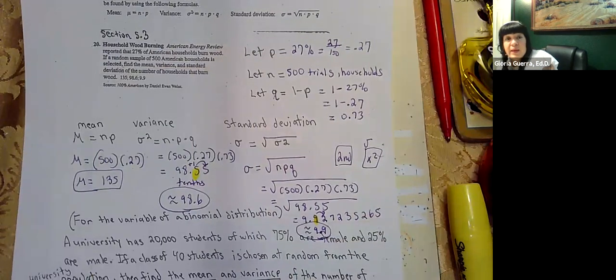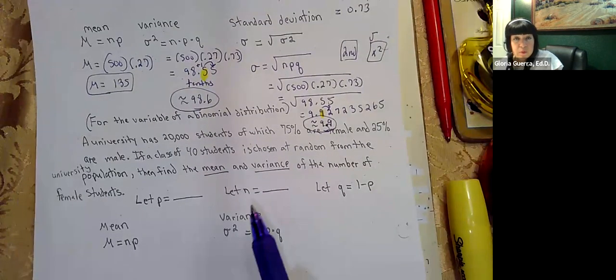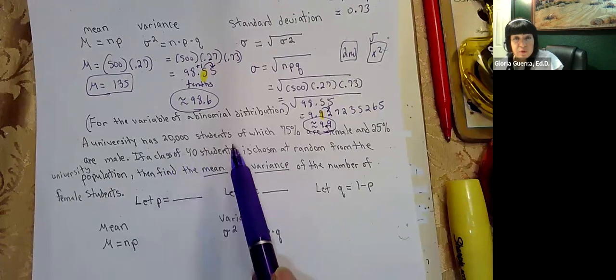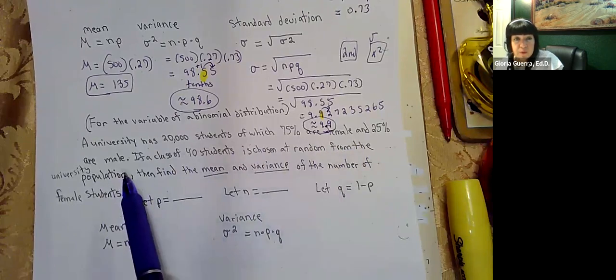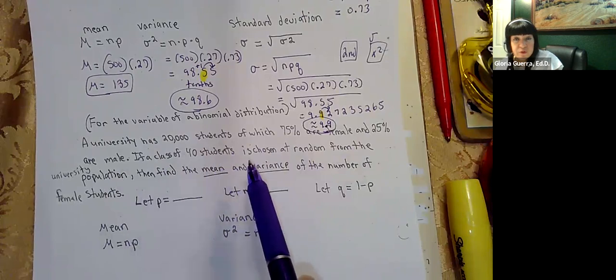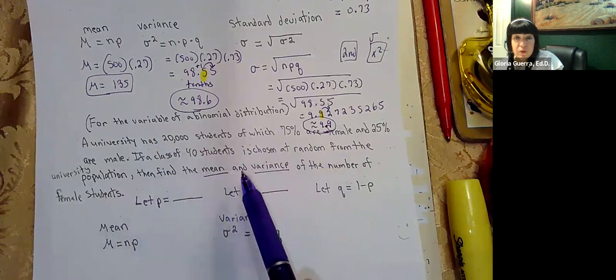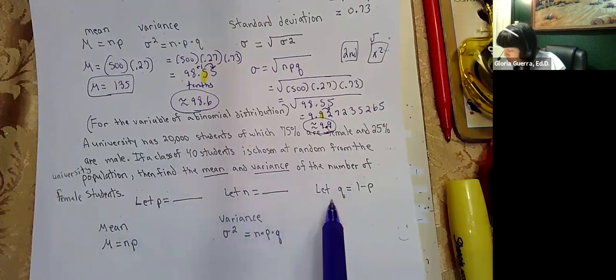Okay, and then the last problem for this section. A university has 20,000 students, of which 75% are male, or excuse me, 75% are female and 25% are male. If a class of 40 students is chosen at random from the university population, then find the mean and the variance. Not the standard deviation, just the mean and variance of the number of female students.